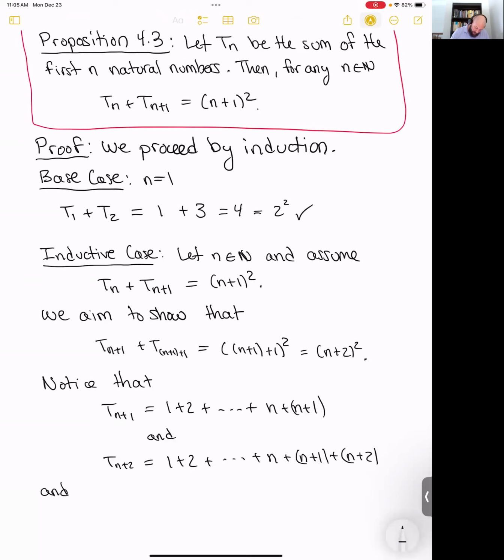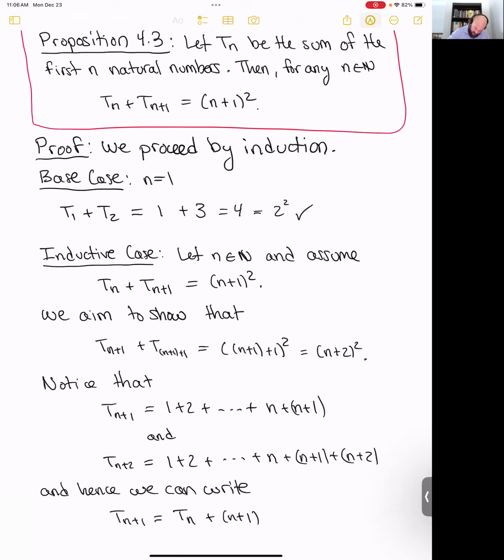And hence, we can write T_{n+1} is equal to, well, I see a T_n sitting inside there, right? So it's equal to T_n plus n plus 1, right?